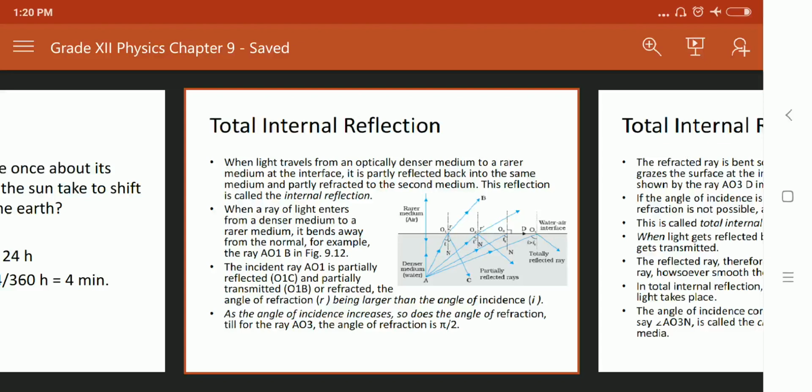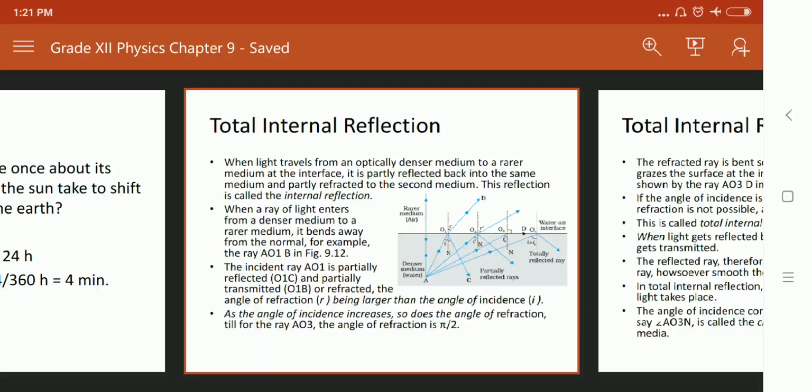This we can observe through the diagram shown here. The light ray enters from a denser to a rarer medium and it bends away from the normal. As the wave is incident from point A towards the surface, the incident angle is i.